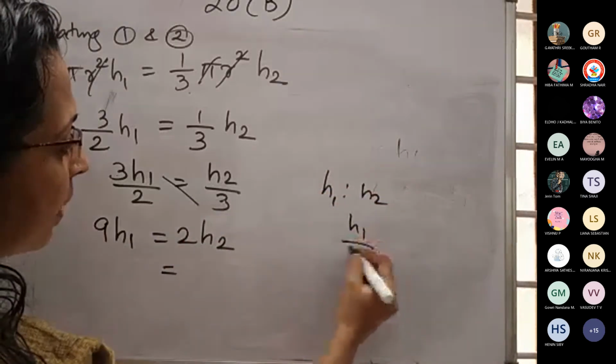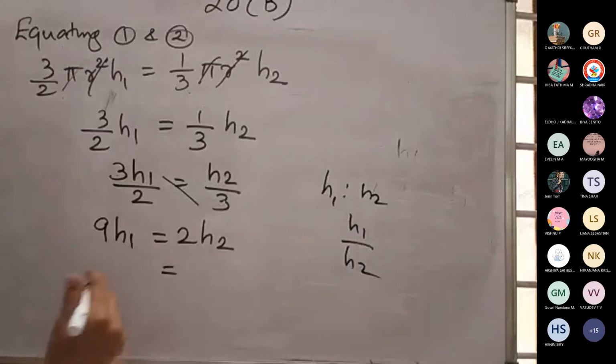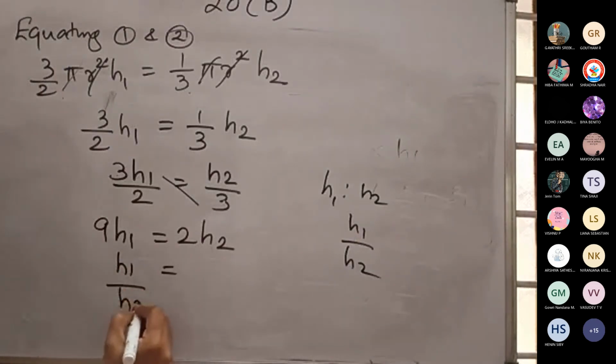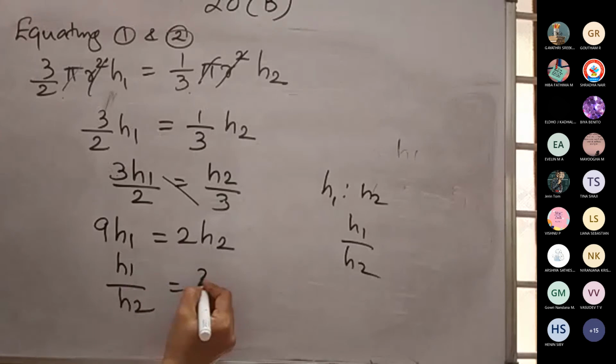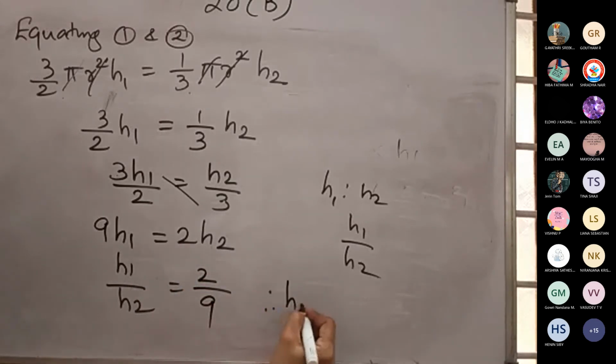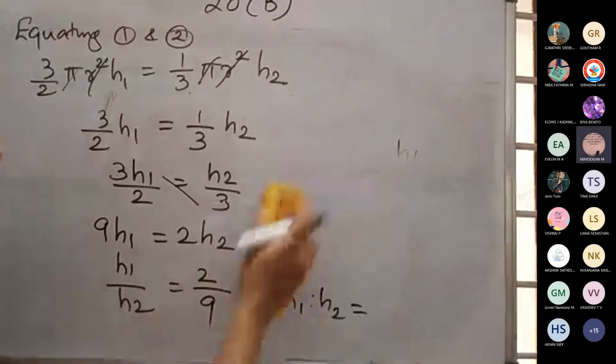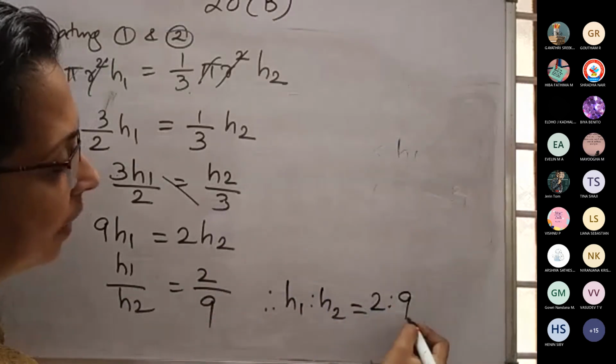That means H1 by H2, so H1 by H2 will be 2 by 9. Therefore H1 is to H2 is equal to 2 is to 9.